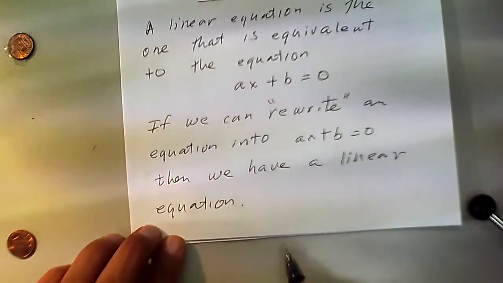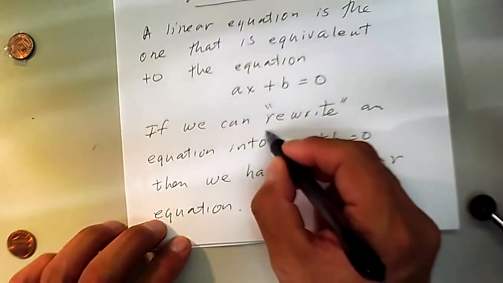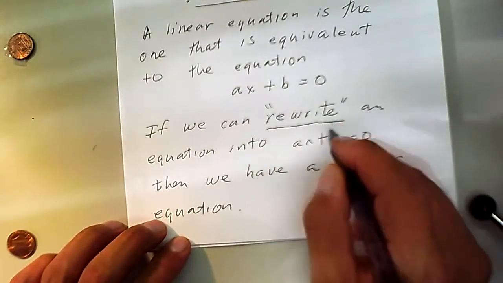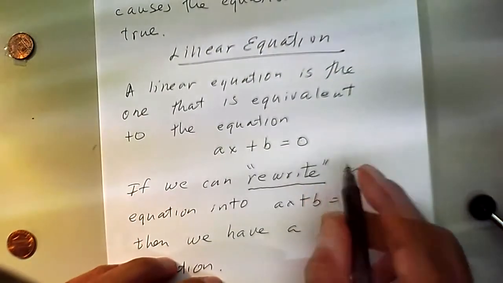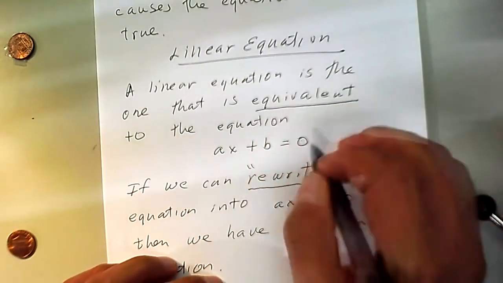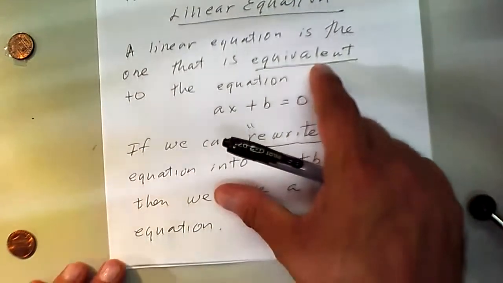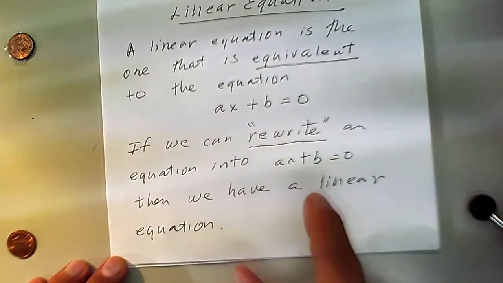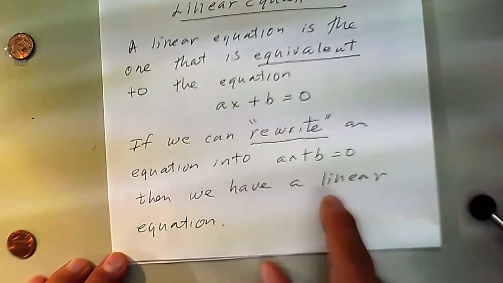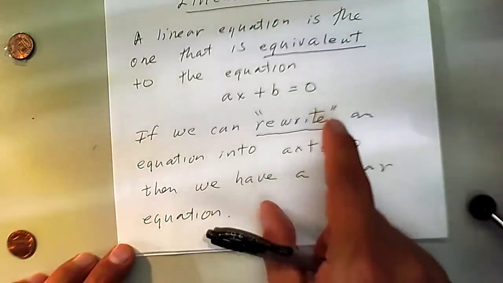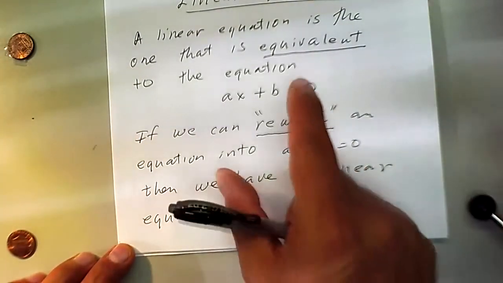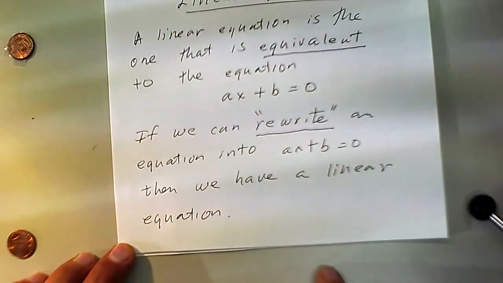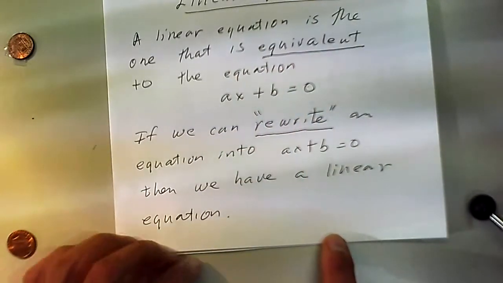Yeah. So I say rewrite in quotation marks because that has to do with equivalent. We have to define what equivalent is. See, mathematics is very, very formal. By formal, we mean we have to be very, very specific as to what each one of the terms we're using means.